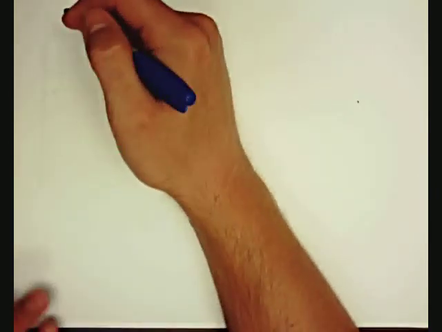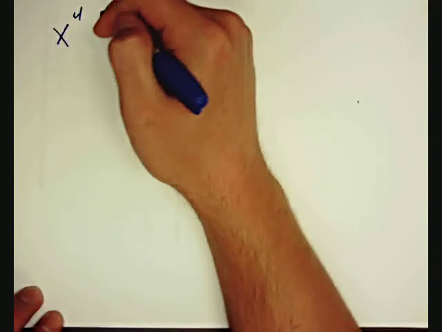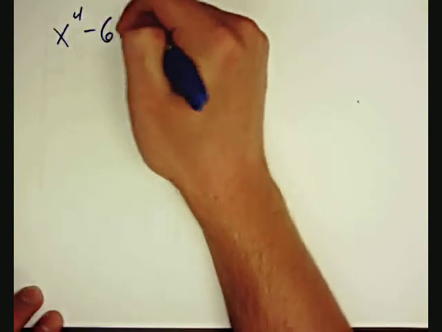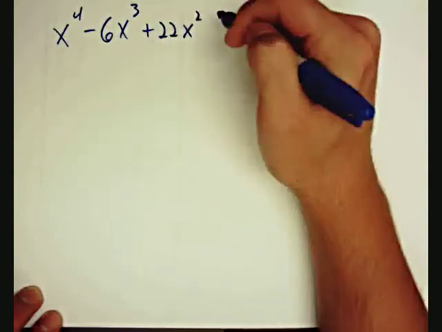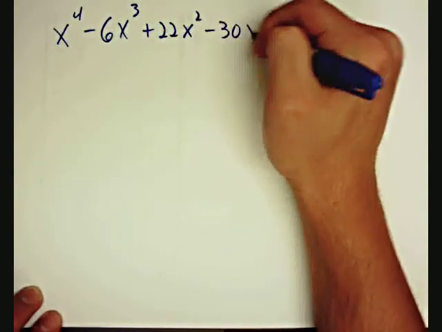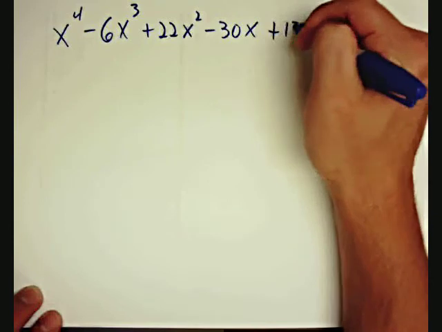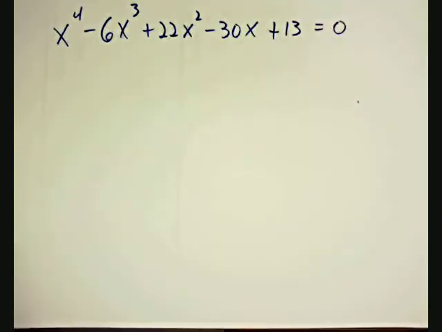Our last example, example 4, we want to solve x to the 4th power minus 6x cubed plus 22x squared minus 30x plus 13 equals 0. So we will start by graphing.